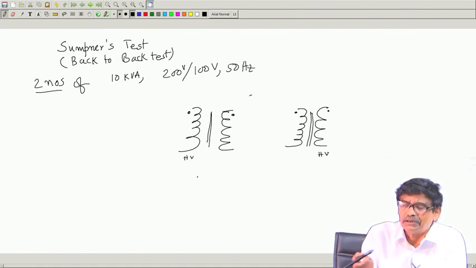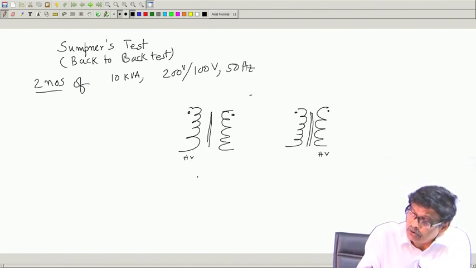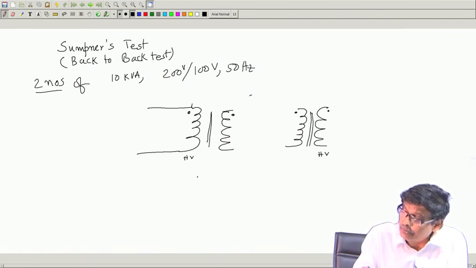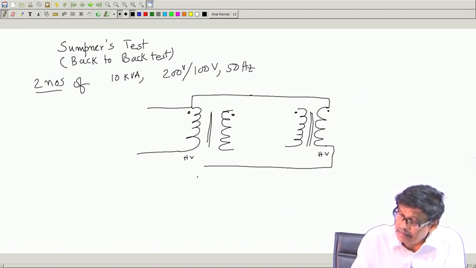In this case 200 volt, 100 volt are both available in the lab, we will not bother. So, what you do? You connect these two transformers' HV sides, it could be LV also, no problem, in parallel.